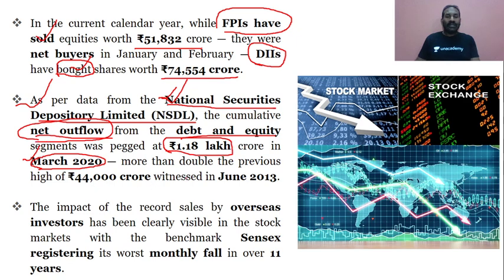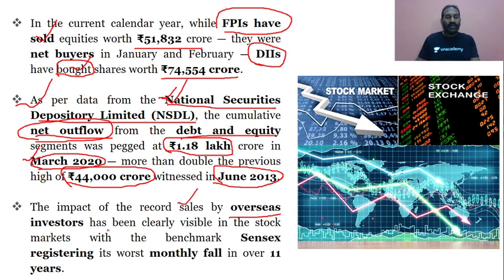And in June 2013, almost 7 years back, the net outflow was just 44,000 crore rupees, by the report given by the National Securities Depository Limited. So this is again for better understanding, wherein you are comparing the outflows in June 2013 with March 2020, and the impact of the record sales by overseas investors.